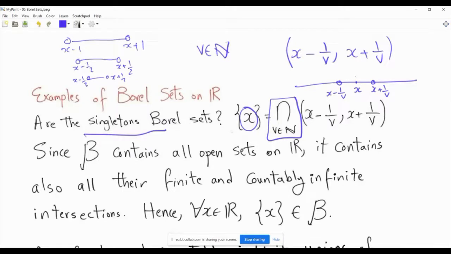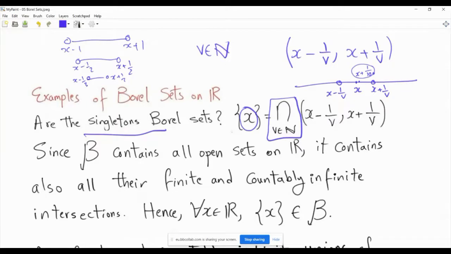And then the intersection includes no other point except x. It's only one point. Why is this true? For example, does the intersection include the point x plus 1/100?